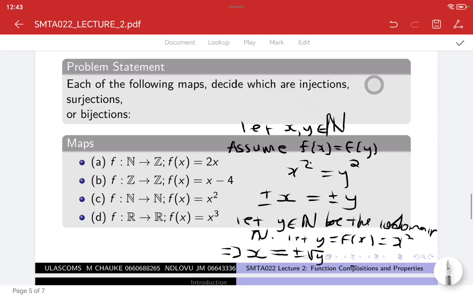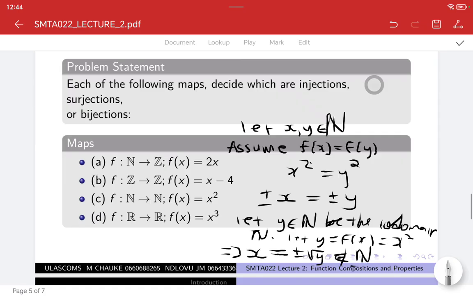So when we check this, if I take x equals plus or minus root of y, we say that this is not an element of the natural numbers.